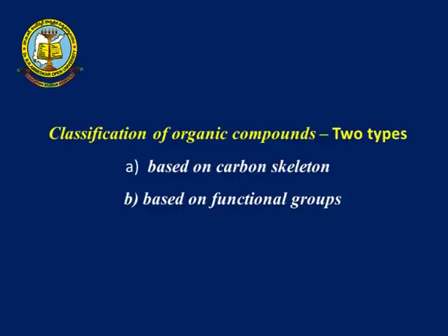Now, in order to understand and remember the properties of all these millions of compounds, we have to classify them in such a way that people can remember the characteristics of the compounds. Therefore, mainly these organic compounds are divided into two types. One is based upon the carbon skeleton, the other based upon the presence of functional groups.